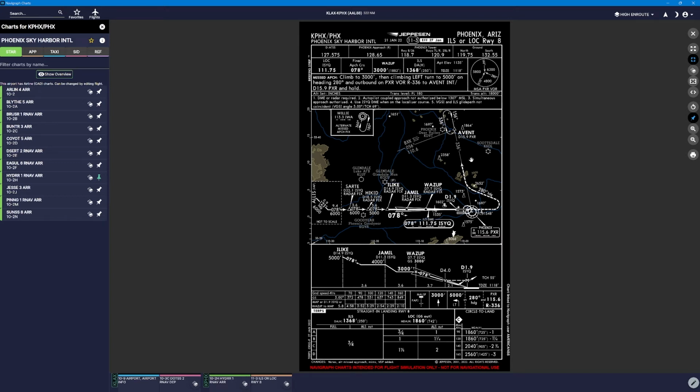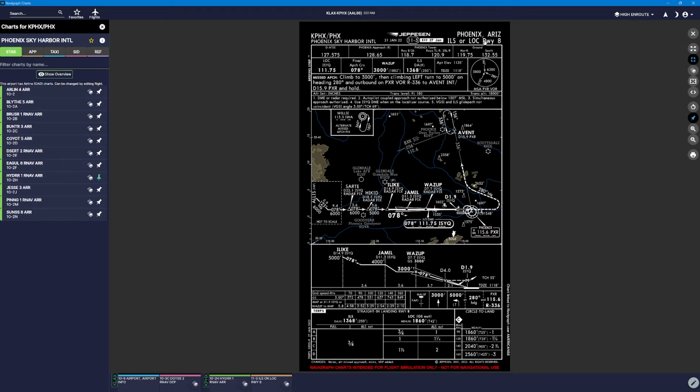One of them is Alice, which is over here, and the other one is Ill-like. And I may be saying that wrong, but the other one I think is just runway final, which means just not this and not that. You just come in, make your turn whenever you're instructed, and just get in there and line up. So that's this approach.